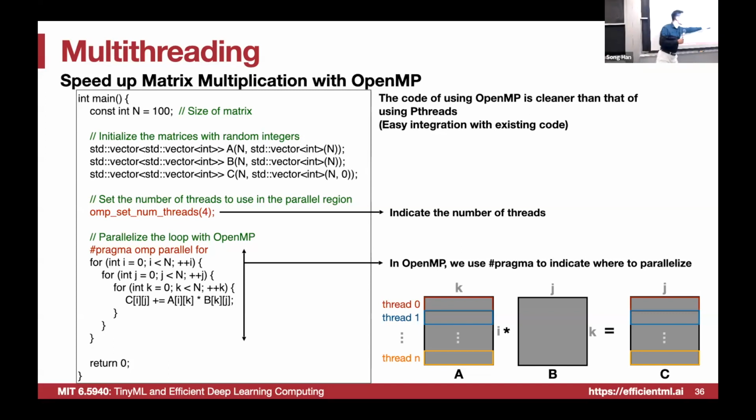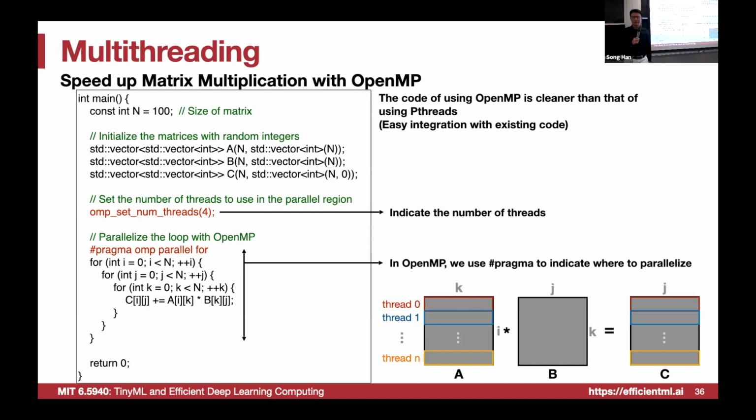So we are parallelizing again for the A matrix in the row manner, and also for the C. Different threads are doing different chunks of the rows. So we first set the number of threads to be 4 in this case by calling omp_set_num_threads(4). And then we use the pragma to indicate where to parallelize.